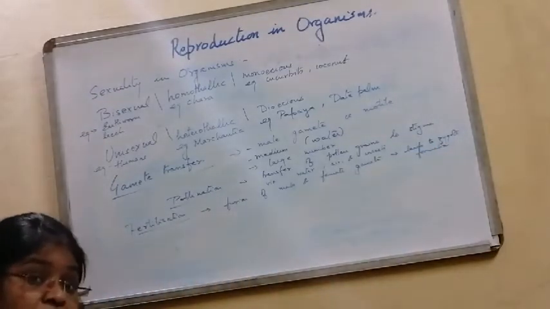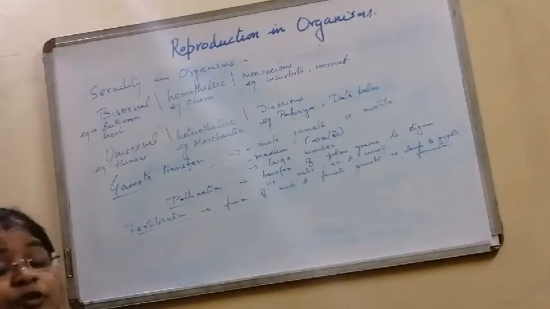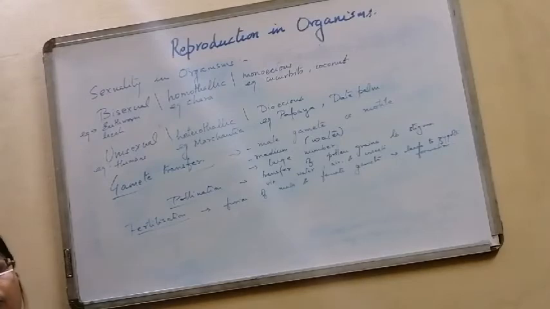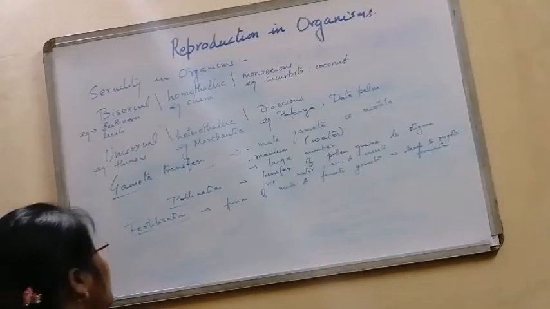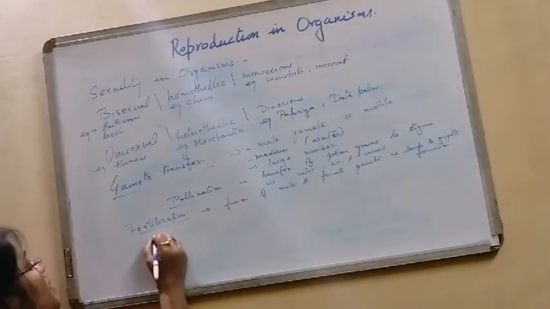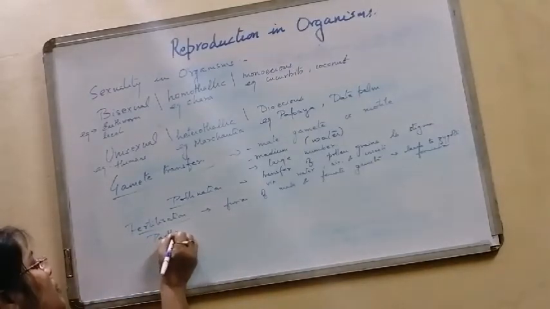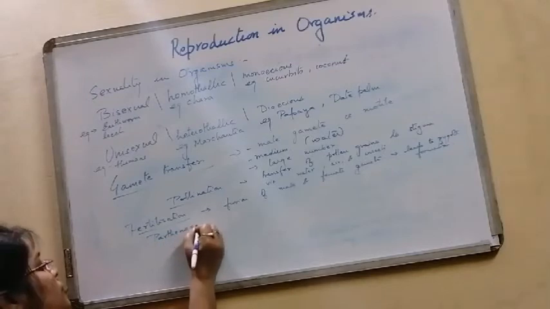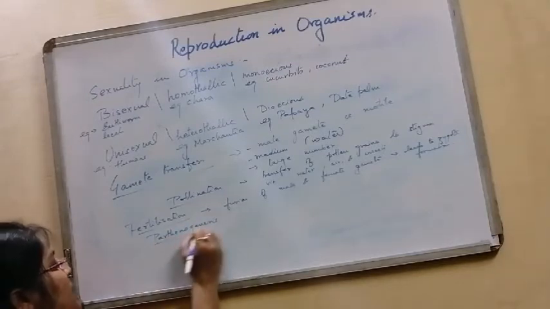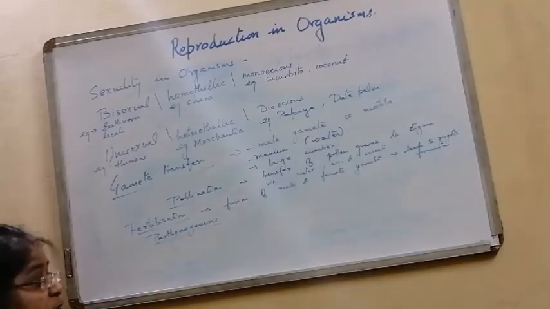There are many eggs which, without fertilization, can also lead to the formation of an organism. That process is called parthenogenesis.